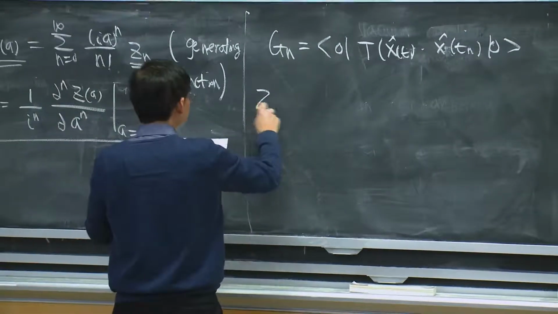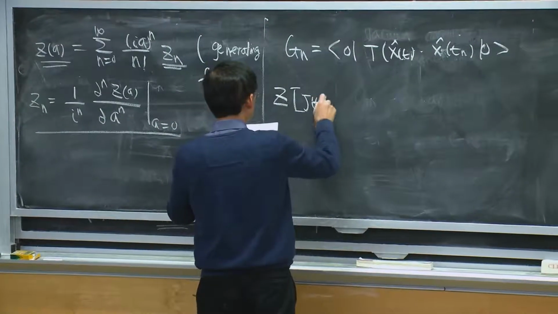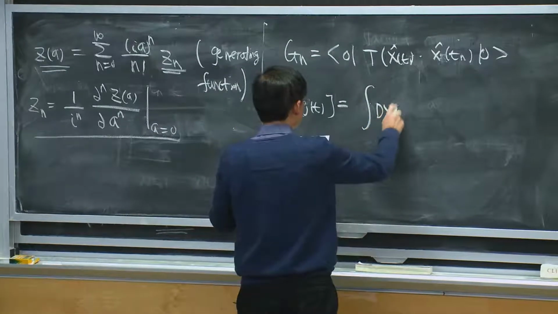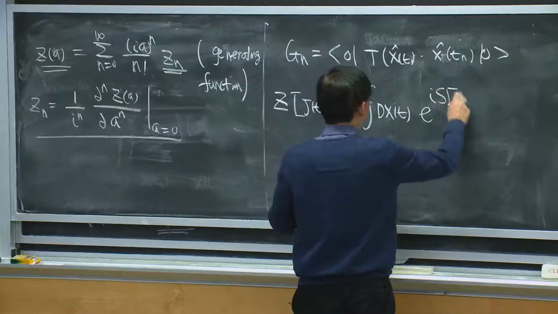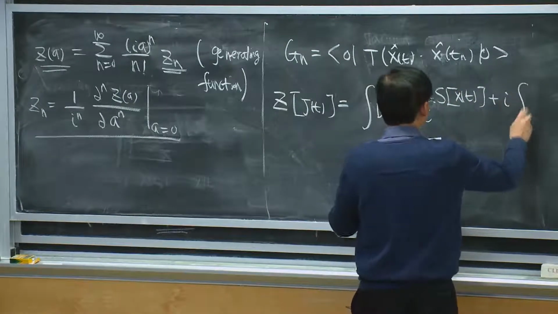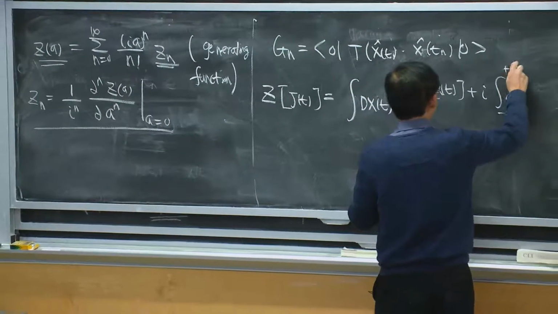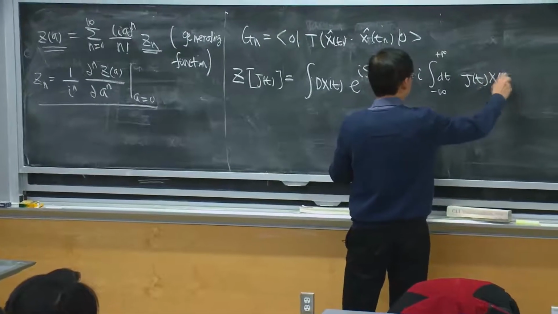We can consider Z of J(t), this object: the path integral over x(t) of exponential of i S[x], and now add i times the integral from minus infinity to plus infinity of dt J(t) x(t).